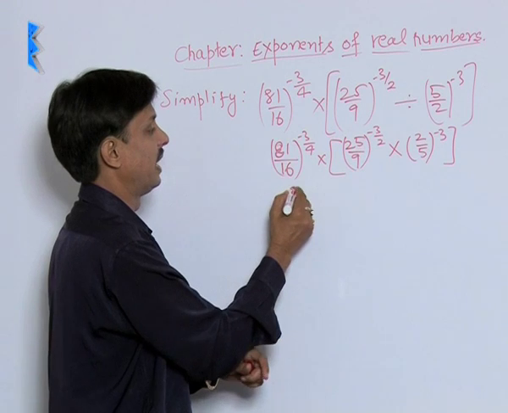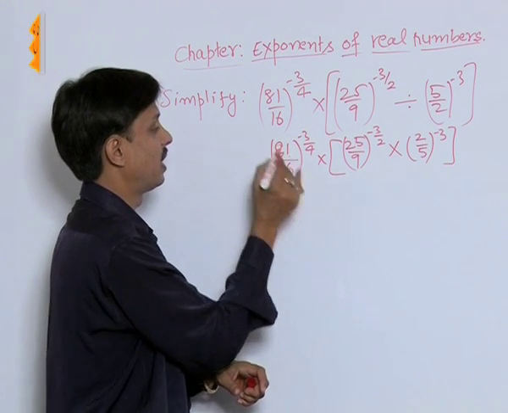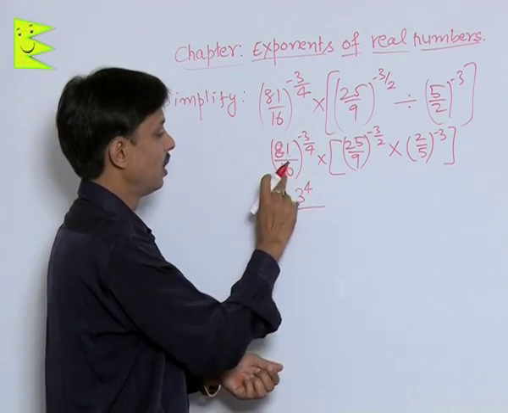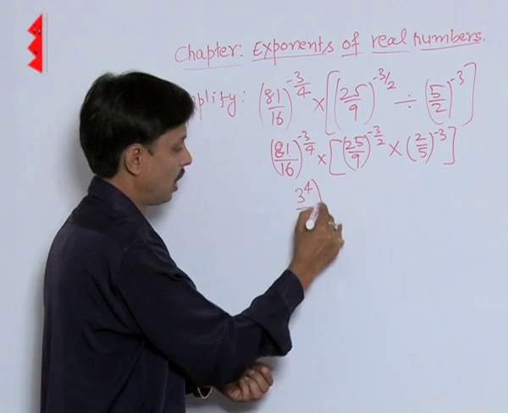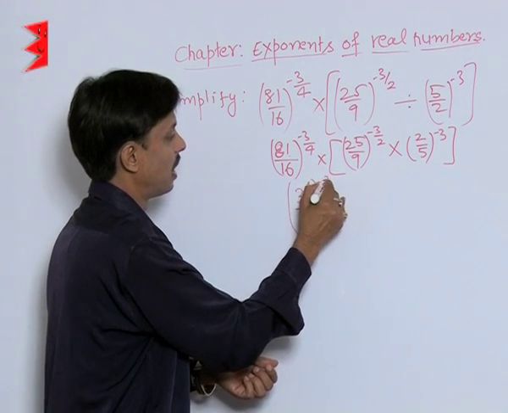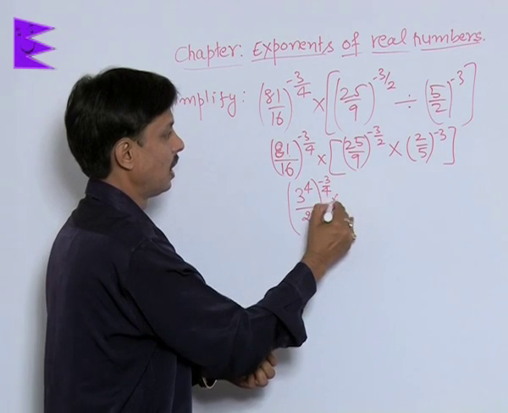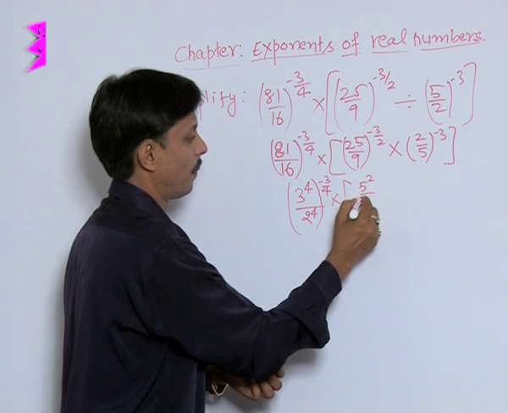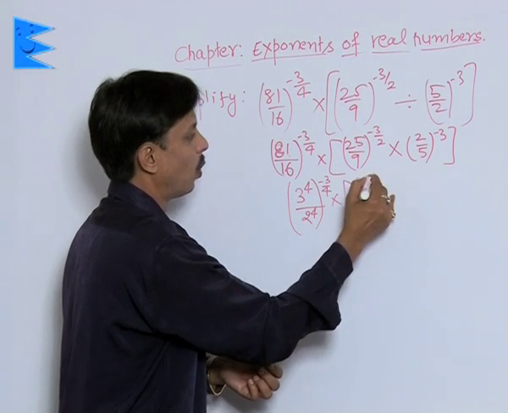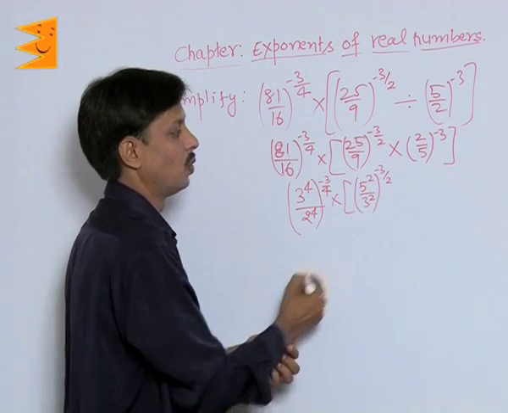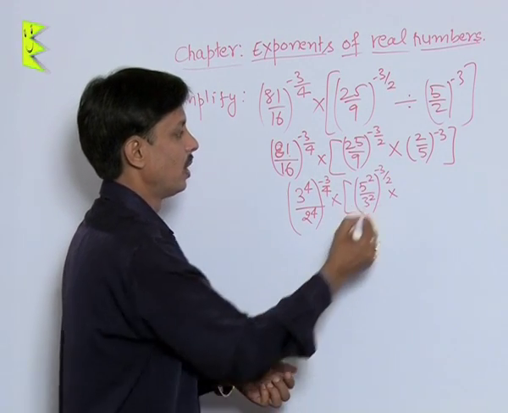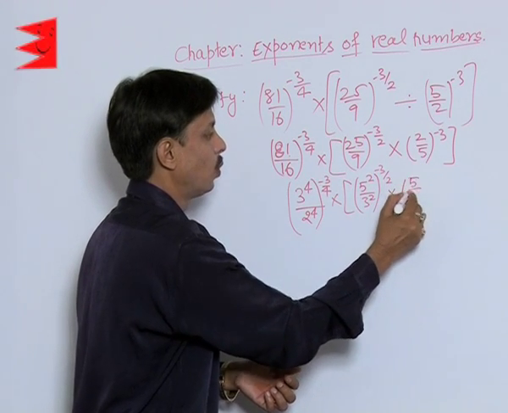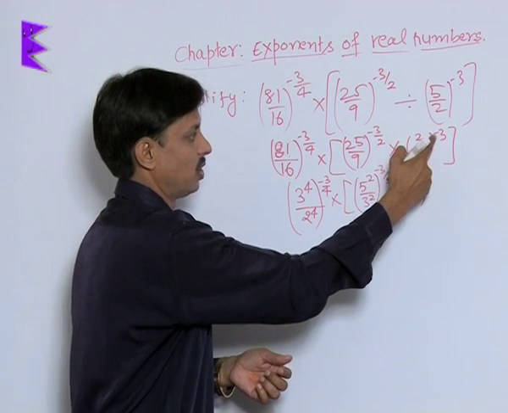So first of all you can write this part as 3 to the power 4, because 81 means 3 to the power 4, 16 means 2 to the power 4, and that's to the power minus 3 by 4, multiplied by, this is 25 by 9, this is 5 to the power 2 upon 3 to the power 2, and whole raised to the power minus 3 upon 2, multiplied by 2 by 5, or I can say 5 by 2 raised to the power 3, because it is a negative power.